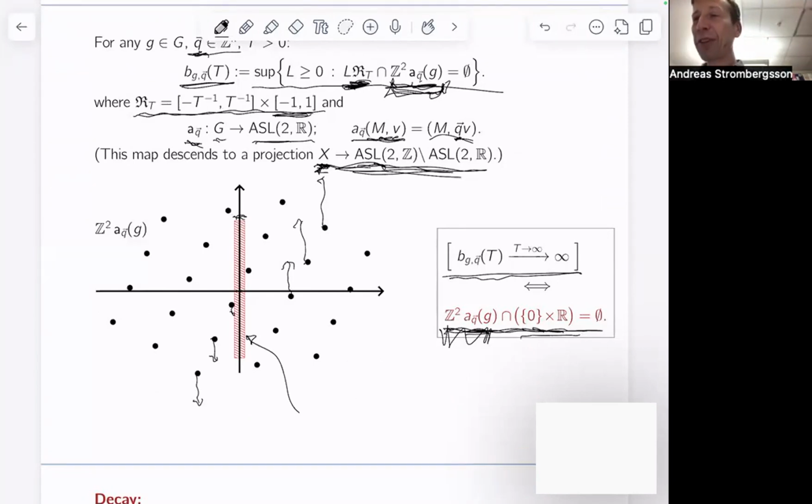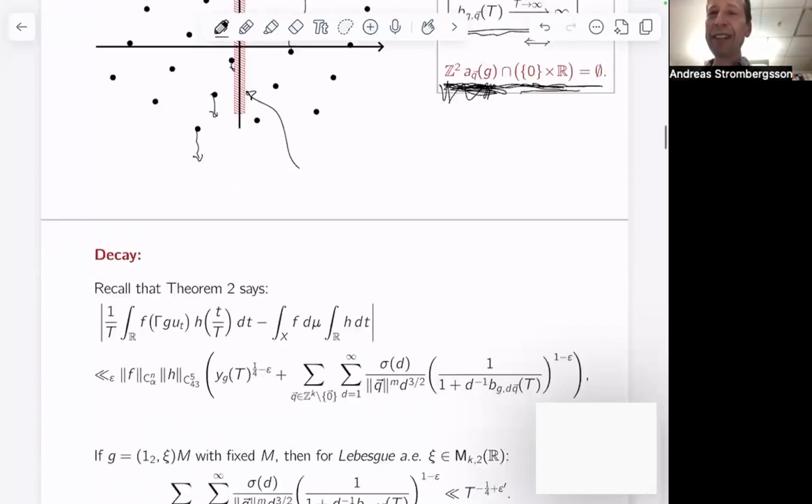So my point is that if this affine lattice has a point on the vertical axis, then that point remains fixed as I flow by the unipotent flow, and it means that my unipotent orbit is contained inside a non-trivial homogeneous submanifold of X. So there is no chance of becoming equidistributed.